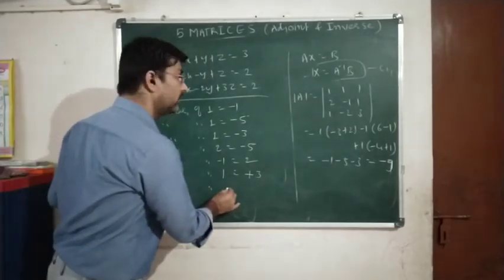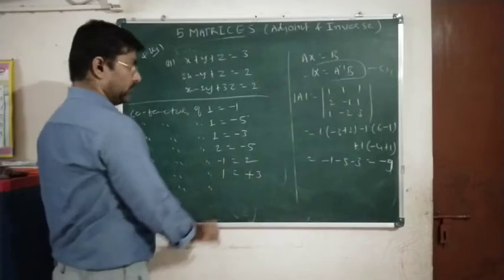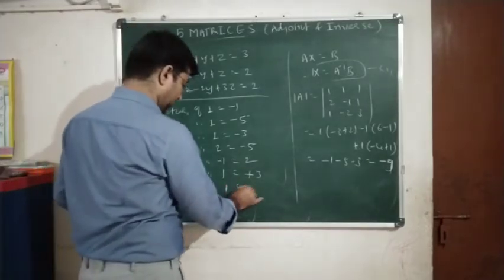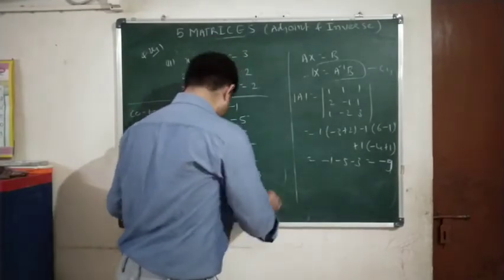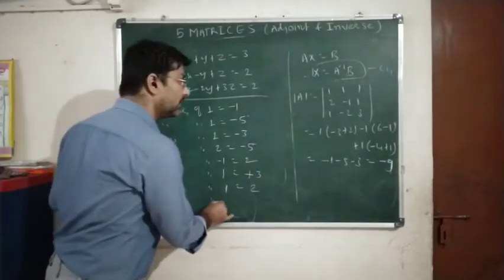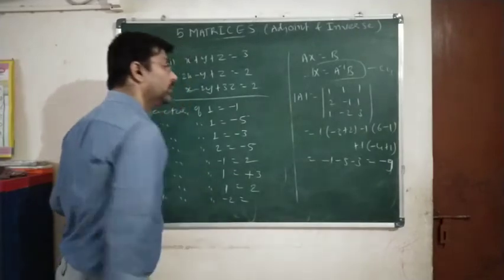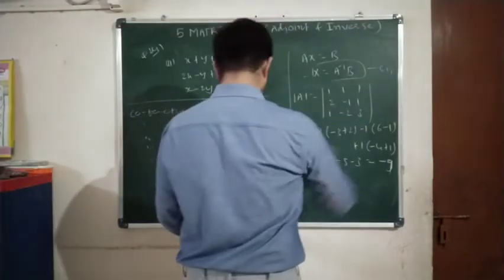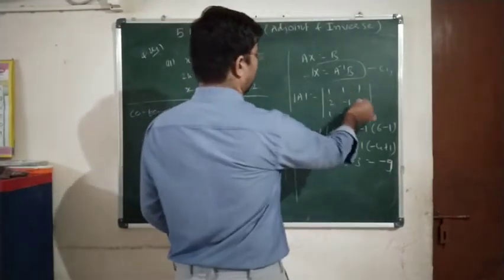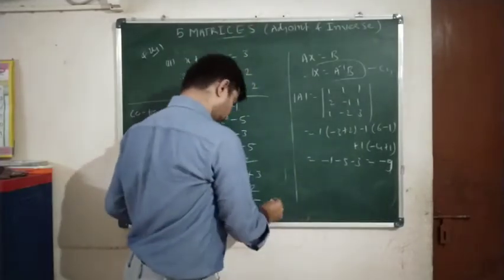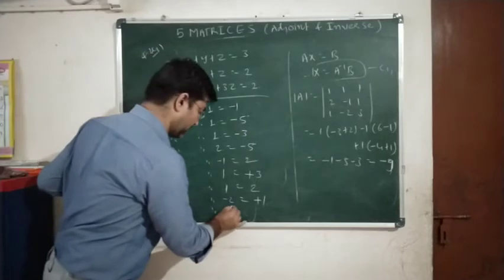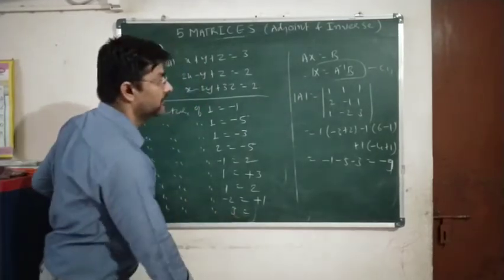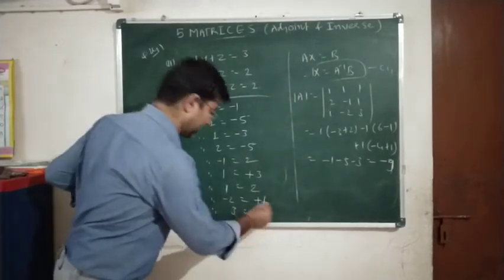Cofactor of A31, third row first element 1: 1 plus 1 is 2. Cofactor of minus 2: negative sign, 1 ones are 1, minus 2 is minus 1, so finally plus 1. Cofactor of 3 with positive sign: minus 1 minus 2 is minus 3.